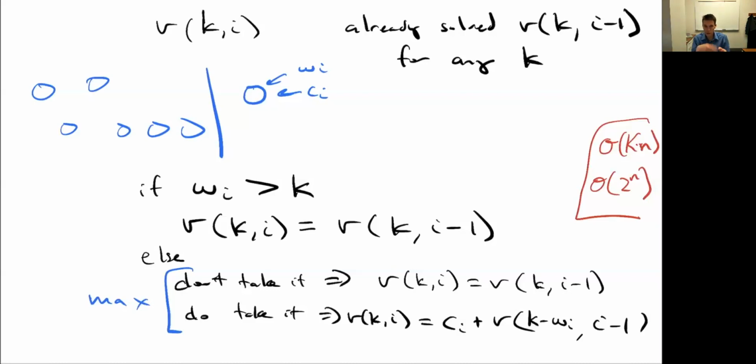Now with 2, I'm going to say, should I take it? What is the cost of taking it plus the best I could do if I had taken it, or the best I could do if I hadn't taken it? And now, because I know that they're the best possible, I can compare them and get the actual optimum. Again, this is Bellman's principle of optimality. So I encourage you to look in the book if you want to see that worked out in a little more detail, or maybe practice it on your own.